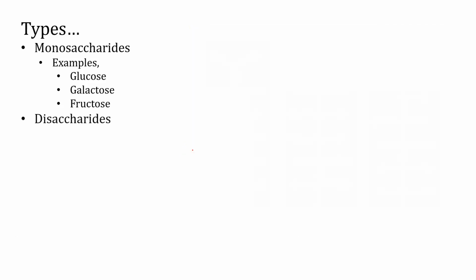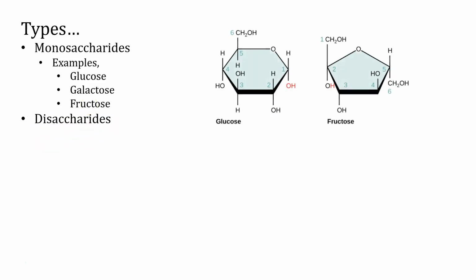Okay, good. The next one down then are the disaccharides. And by just looking at the name, you can probably deduce that these are compounds that have 2 sugars. Okay, so saccharide means sugar, di means 2, so 2 sugar compounds. How these are formed is if you take 2 of the monomers, so 2 of the monosaccharides, which in the case of carbohydrates, the monosaccharides are the monomers that make up the polymers.